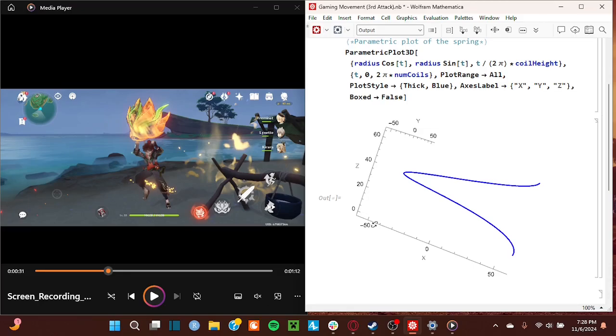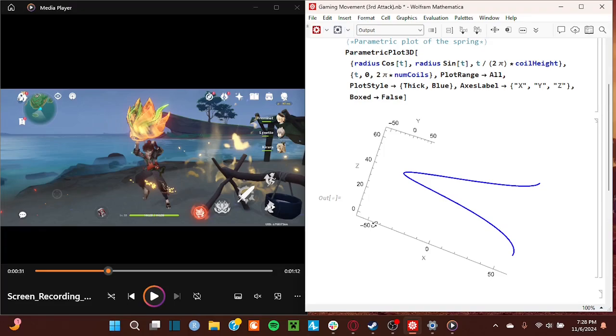So in order to draw a corkscrew in 3 dimensions, I actually had to do the sine and cosine, which are normal to get a circle. Like for example, x squared plus y squared equals 1 is a circle equation, and you can convert x and y into sine and cosine to get that same sort of thing, because the equation for sine squared plus cosine squared is equal to 1.